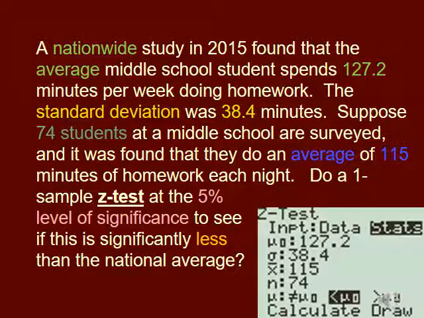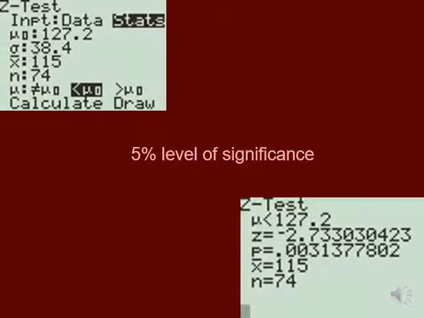The average for my sample is 115. And the size of the sample was 74 students. Finally, it says, is this significantly less than the national average? That's why we highlight less than on that next to last line. Down at the bottom, you see what the results screen looks like for this same problem.